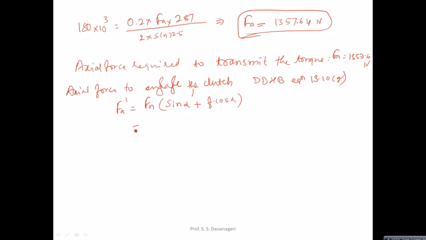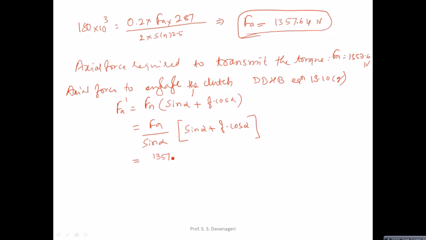So Fa dash equals Fn in bracket sine alpha plus mu F cos alpha. In this case Fn is the normal force.